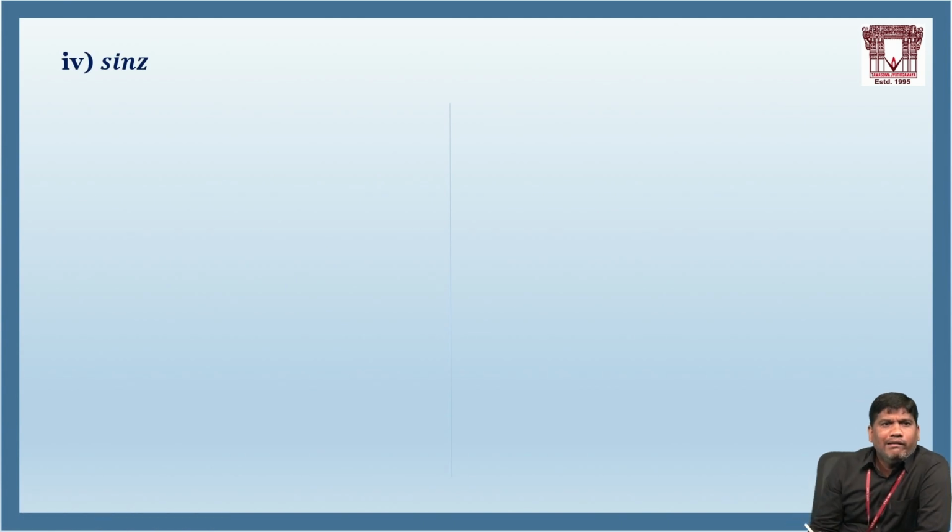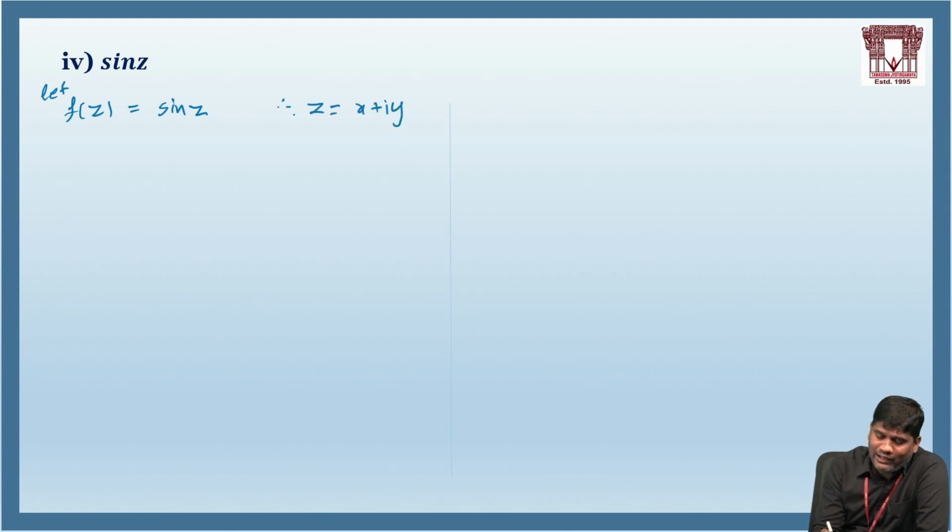Then coming to the next one, sin z. Here we have to consider f of z is equal to sin z, where z is x plus iy. We have to substitute here, then we can write sine of x plus iy.